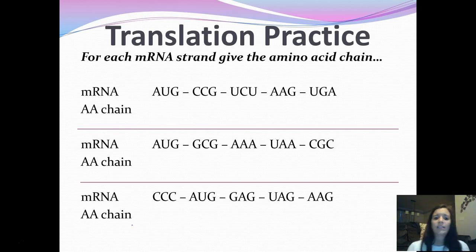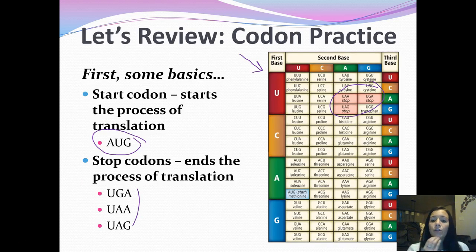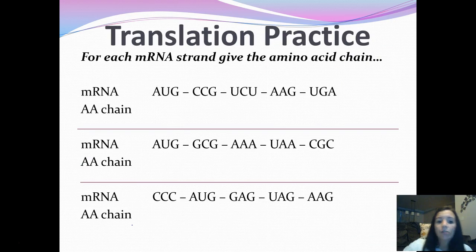So let's do some translation practice. You're going to need a codon table to do this. So I would pause, and you can look one up on Google or on your phone and then try to do this. Basically, I'll show you. You're going to read it from left to top to right. So for example, let's go back and look. AUG we know is start. CCG.